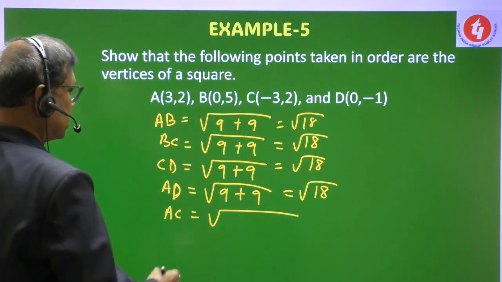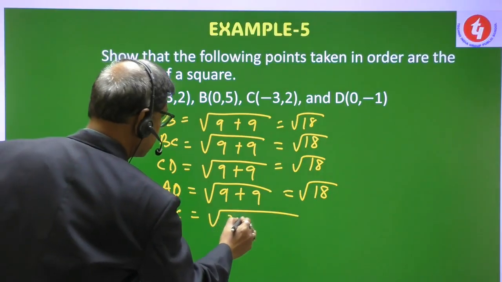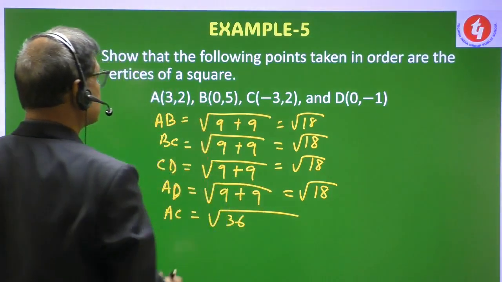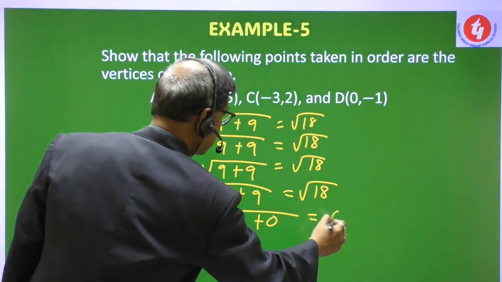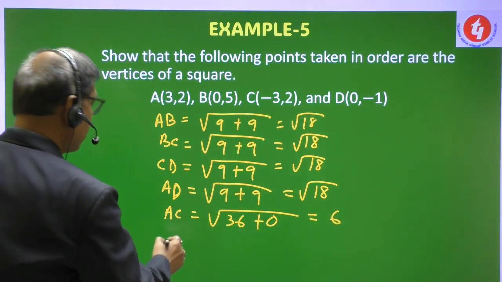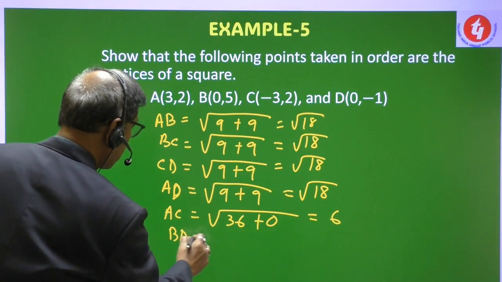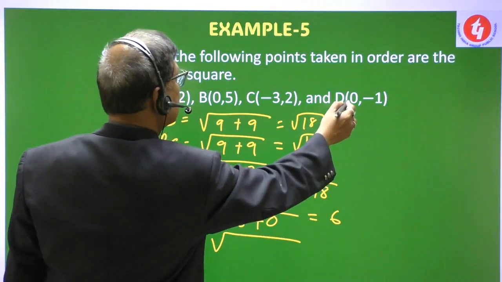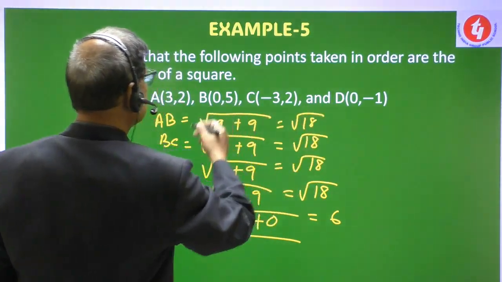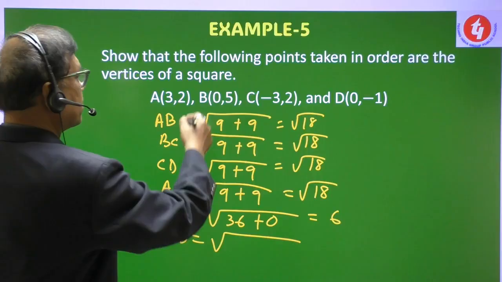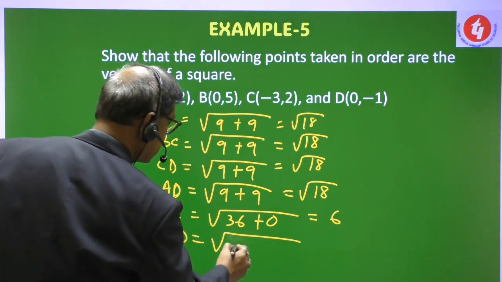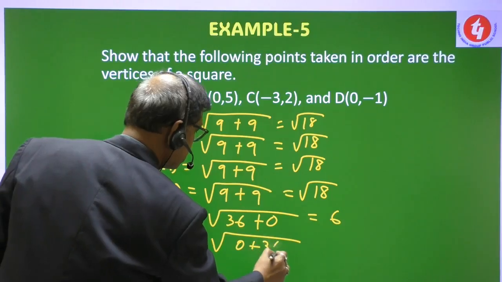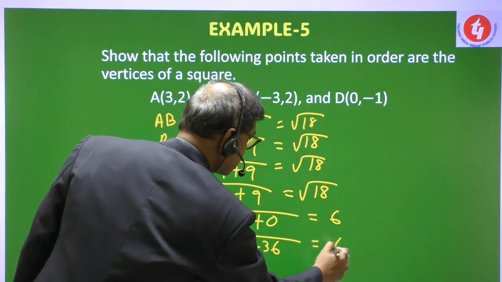Minus 3 minus 3, that is minus 6, whole square, 36, and 2 minus 2 is 0, square that is 0, so 6 units. And now BD: 0 minus 0, that is 0, and minus 1 minus 5 is minus 6, whole square, that is 36. So 0 plus 36, square root of that is 6.